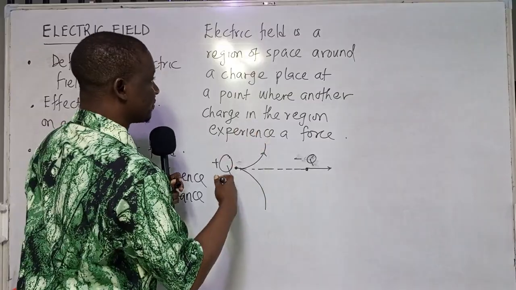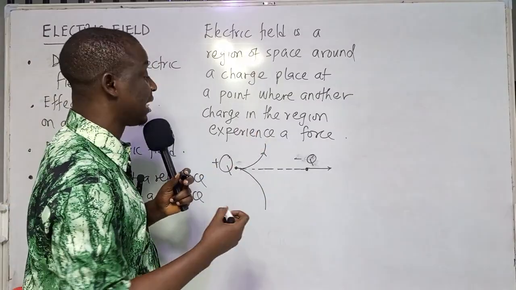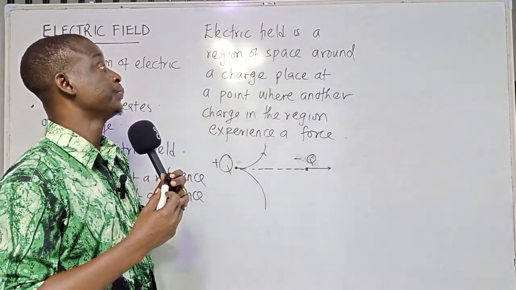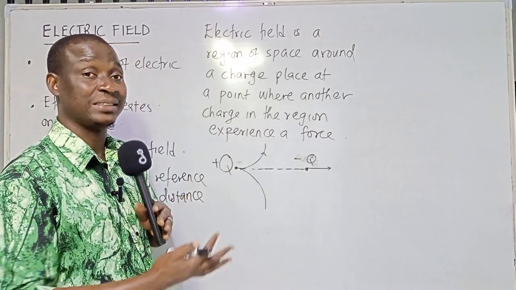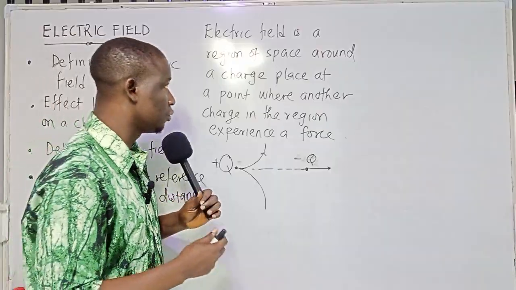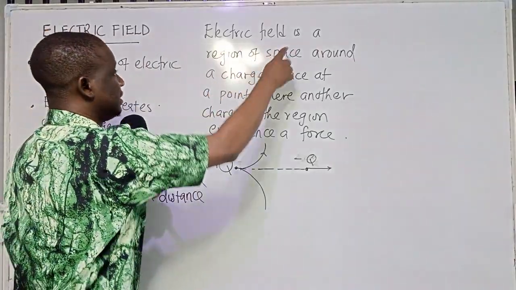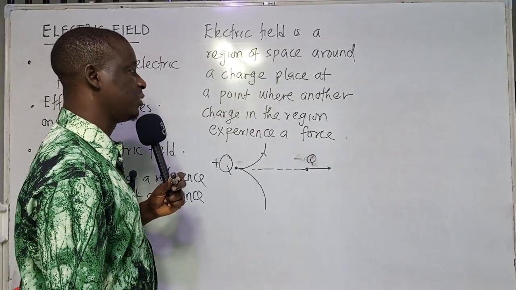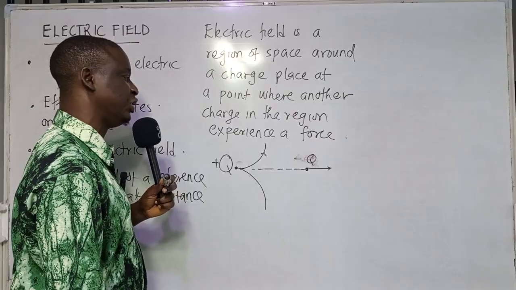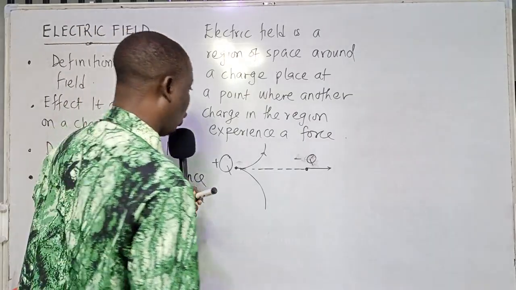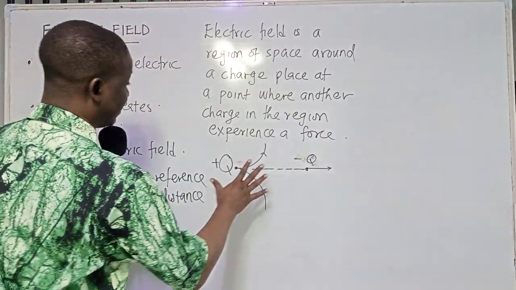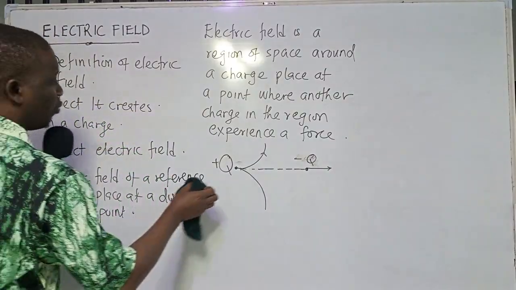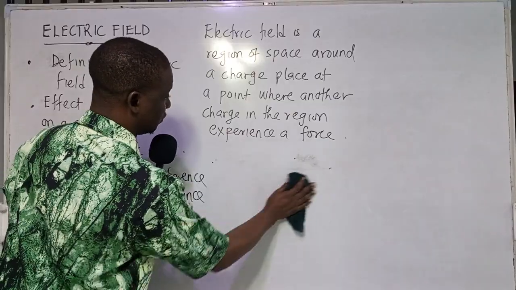Now that means that a static charge always creates an electric field around itself. So electric field is a region of space around a charge placed at a point where another charge in the region experiences a force. Now what again can we know about electric field?